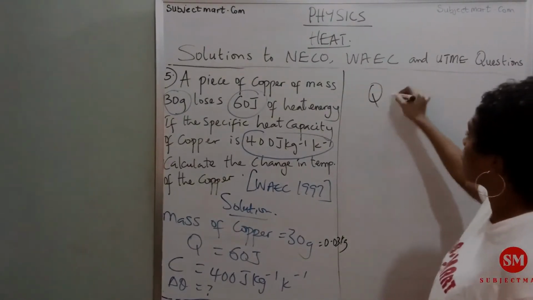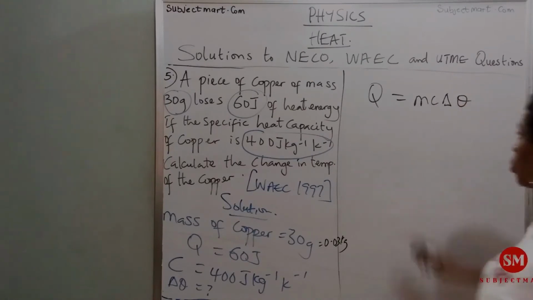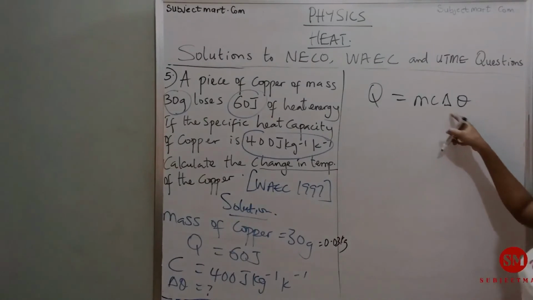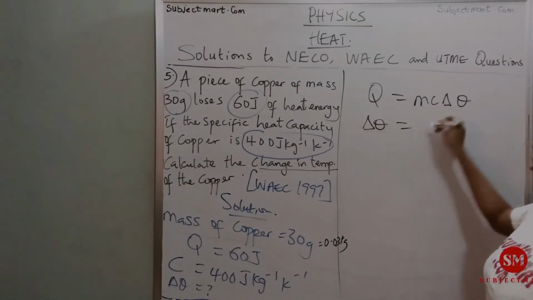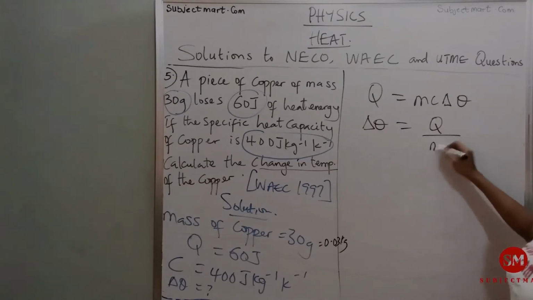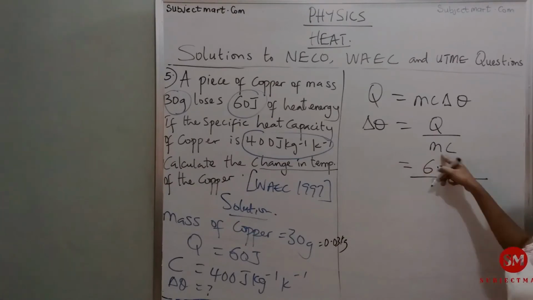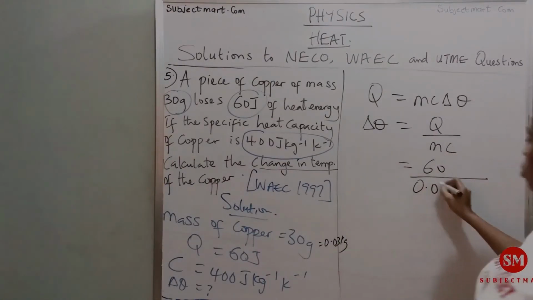So you recall that Q is equal to MC change in theta. And we are asked to find the change in theta, change in temperature. So let's make this the subject of formula. We have change in theta is equal to Q over MC. Our Q is 60 over M, M is 0.03.